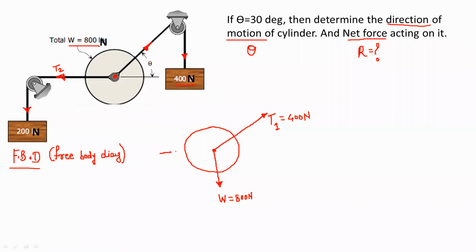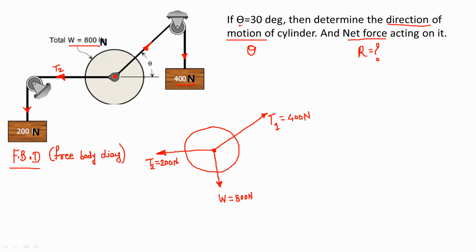Just draw one horizontal vector, and this value is T2, that is equal to 200 Newton. Now this system is a concurrent force system, because T1, T2 and this W, three forces, are meeting at a single point. So this is called the point of concurrency.